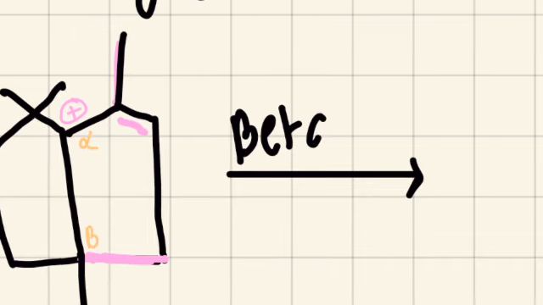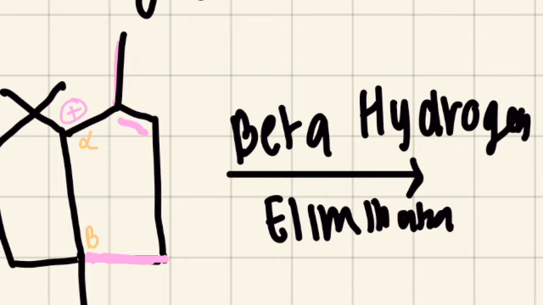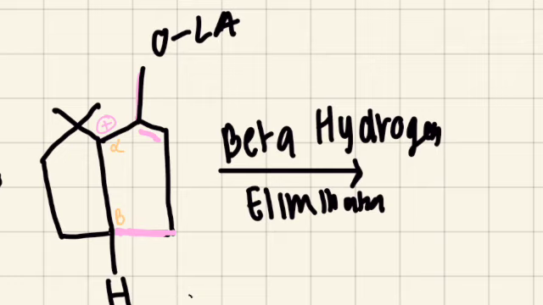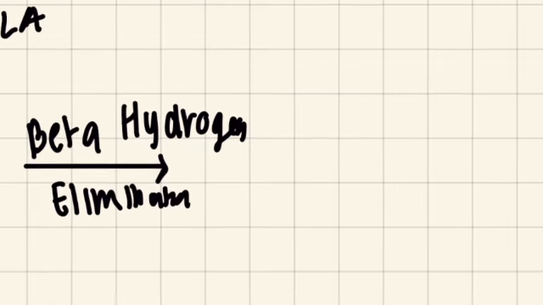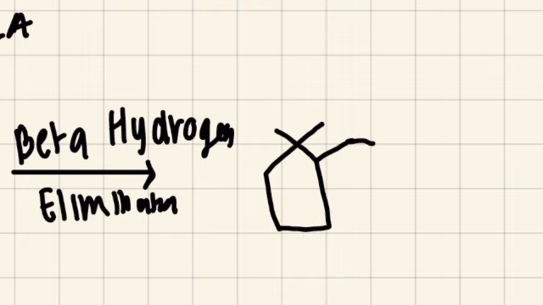We're going to take this hydrogen, and it's going to break this pi bond and allow it to form a new pi bond that will stabilize the carbocation right here. So our new structure is going to look like this.